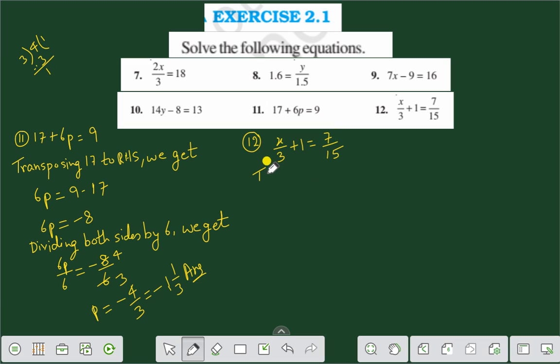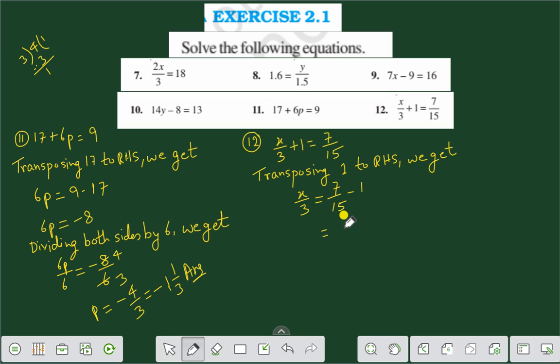Transposing 1 to right hand side, we get x by 3 is equal to 7 by 15 minus 1.